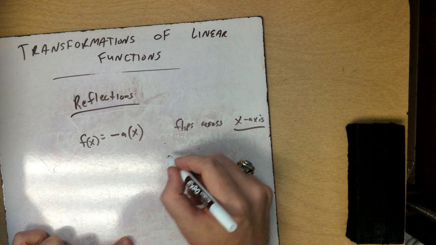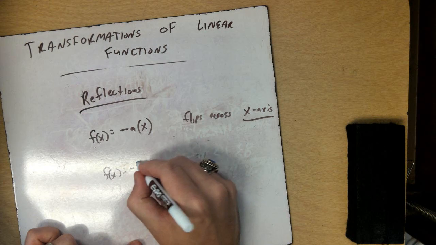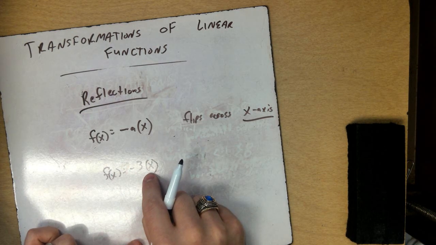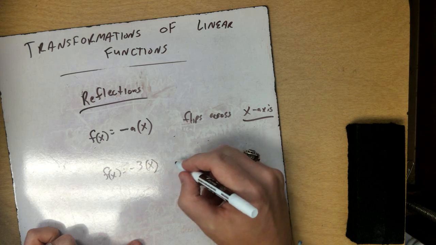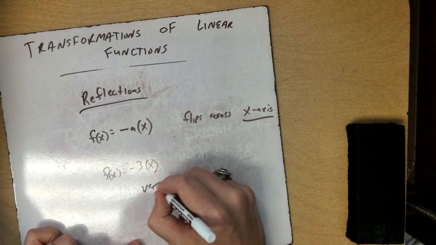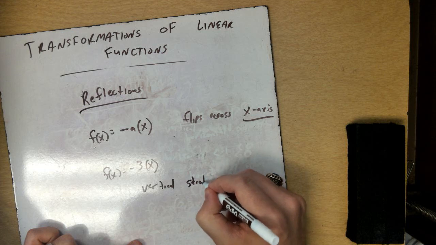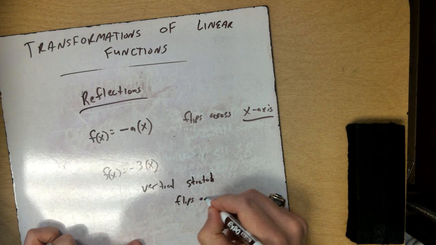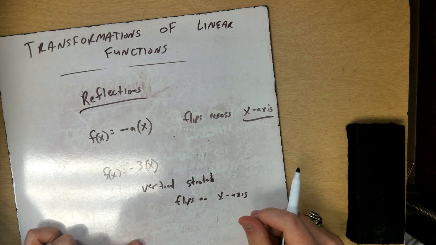So if I have this, right, negative 3 with x like that, okay? So only x in parentheses, right? Our number here is, our a is bigger than 1, so we have a vertical stretch, right, that flips on x axis, okay?